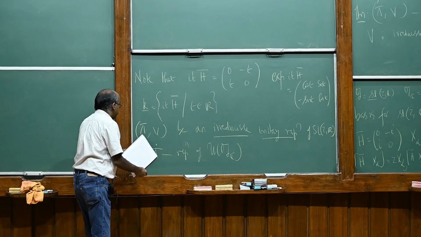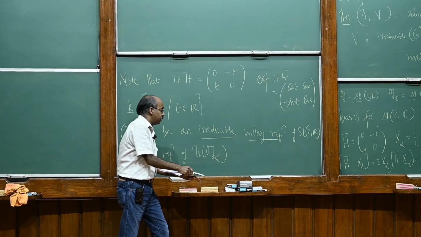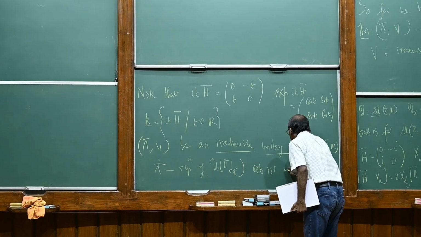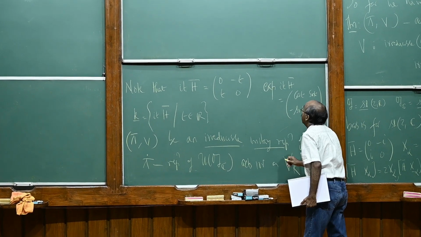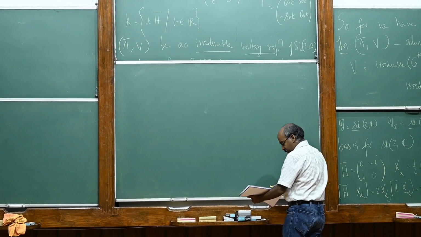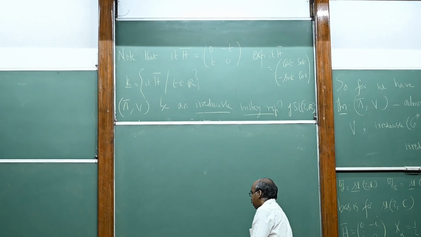So pi acts irreducibly on V, and pi dot acts irreducibly on V as well. There are a couple of things which we know already.